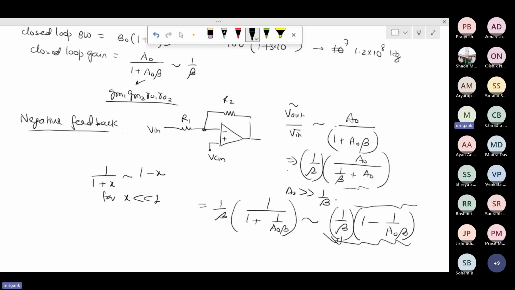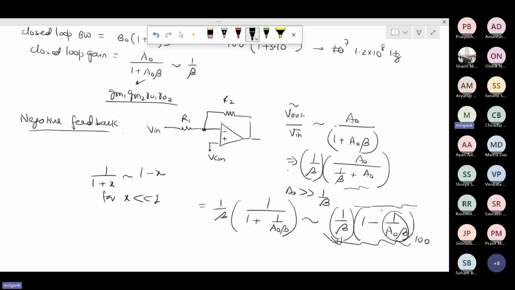So if I want the gain accuracy to be higher than 1%, what should be A naught beta minimum? Sir, 100. 100, right? Because if A naught beta is much bigger than 100, then this factor is going to be less than 0.01. As a result, the error will always be less than 0.01.